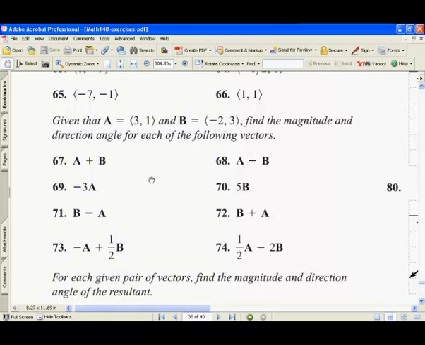Now let's look at problem 74. Suppose we know vector A and vector B. Then we need to find the magnitude and the direction angle for this vector, 1/2 A minus 2B. So this is page 612, problem 74.